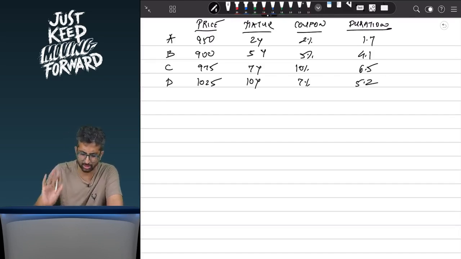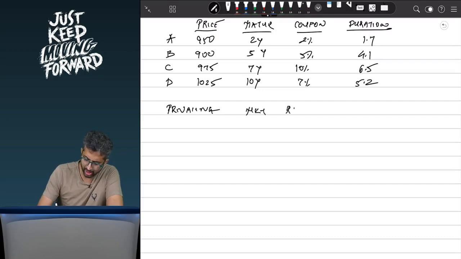The numbers may not be consistent. For whatever reasons, this came to 5.2. Now, the prevailing market rate is, let us say, 10%, our favorite rate.